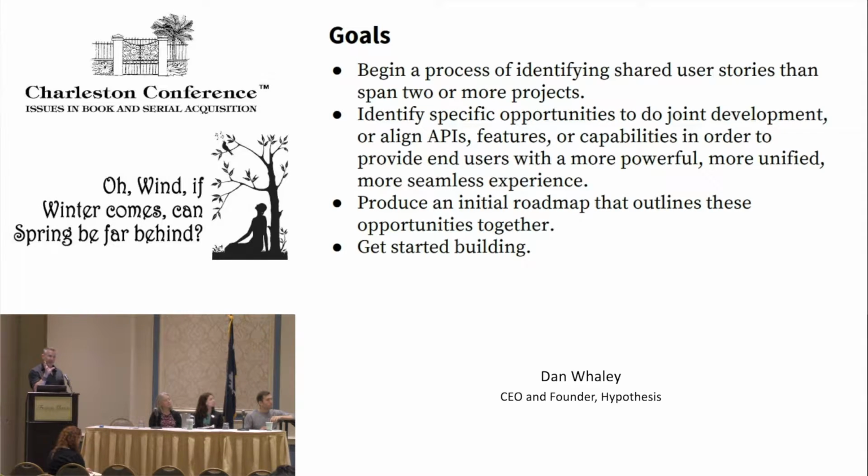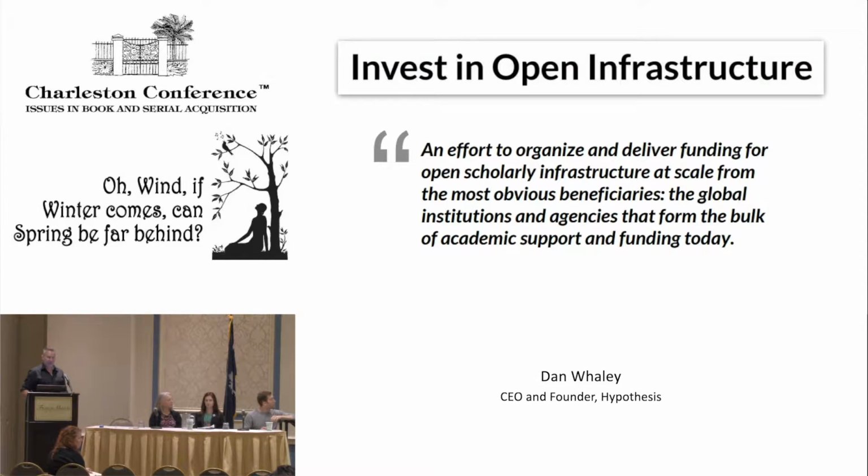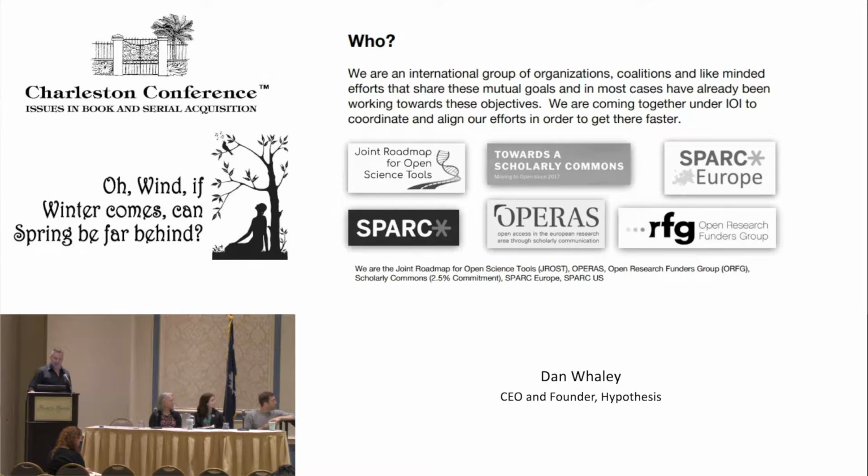So one of the sub-projects of this effort that was incubated at this workshop is something we're calling Invest in Open Infrastructure. So this is an effort to organize and deliver funding for open scholarly infrastructure at scale from the most obvious beneficiaries, the global institutions and agencies that form the bulk of academic support and funding today.